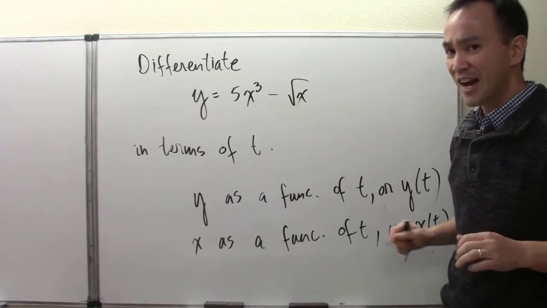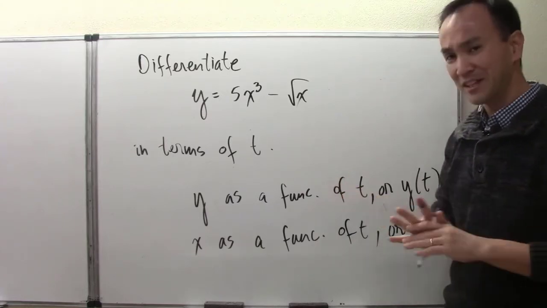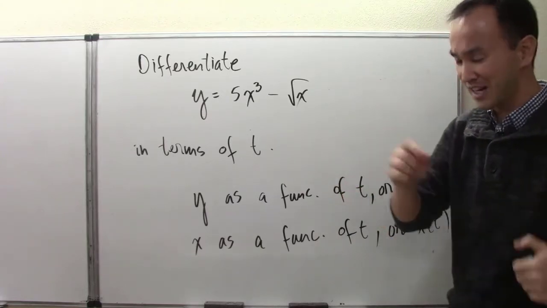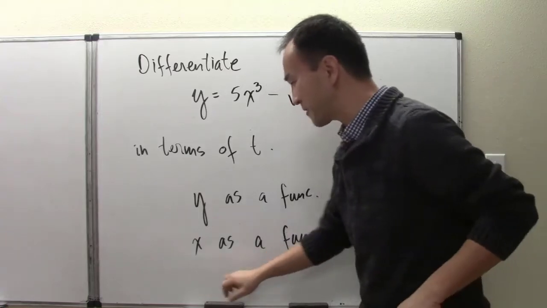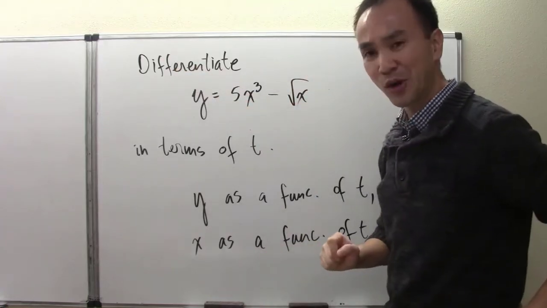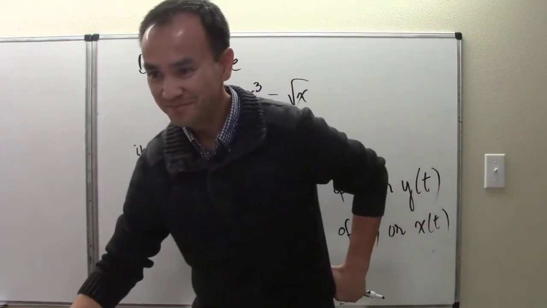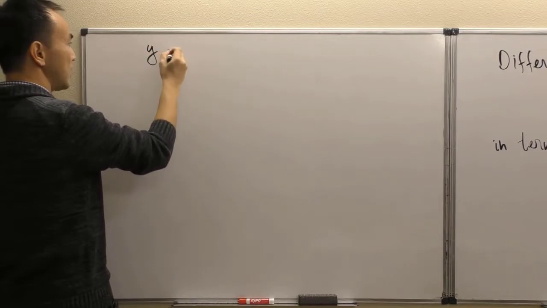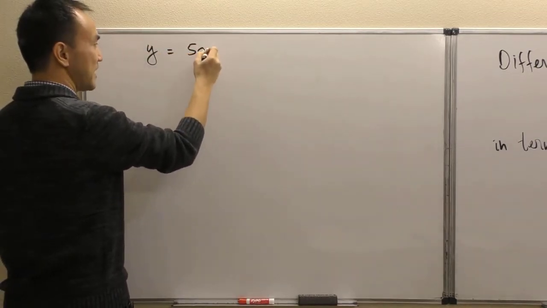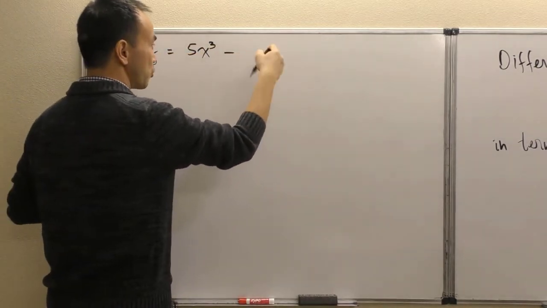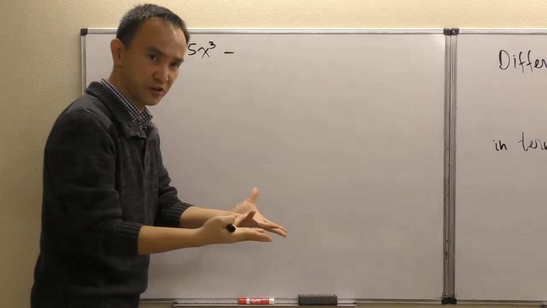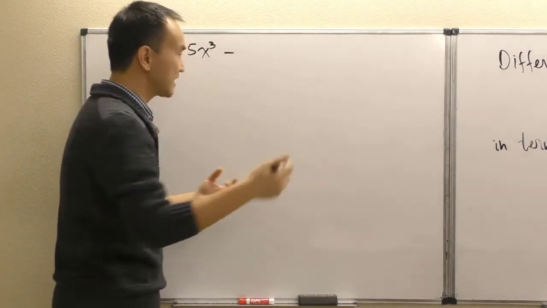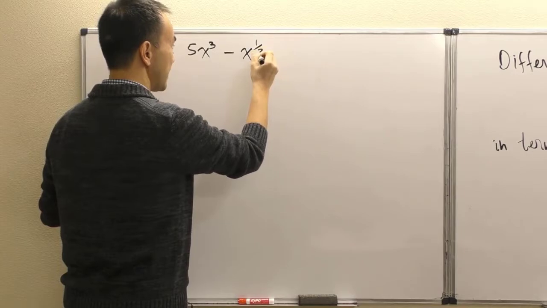All right, so once I've done beating around the bush enough and reminding you of some of the basic information, now let me move on to the other board. With this particular equation, y equals 5x cubed minus square root of x, it would be beneficial to write the square root of x as x to the power 1/2.